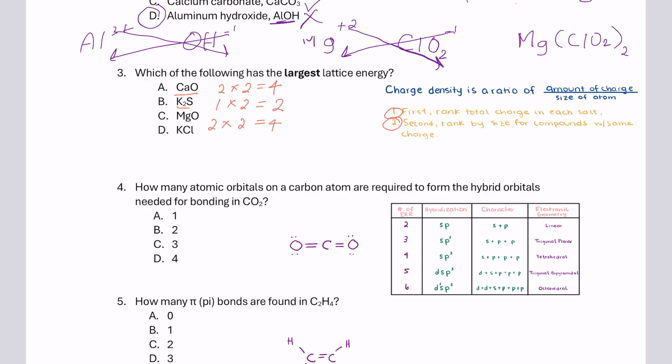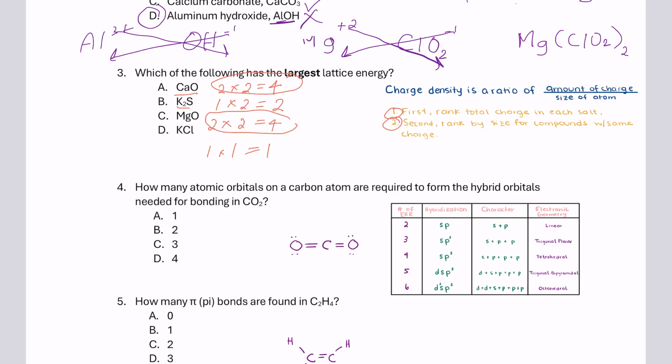Finally, we have potassium chloride. Potassium has a +1 charge, and chloride has a -1 charge, and the multiplication of the absolute values gives us 1. From here, we can tell that calcium oxide and magnesium oxide have the highest charge density.